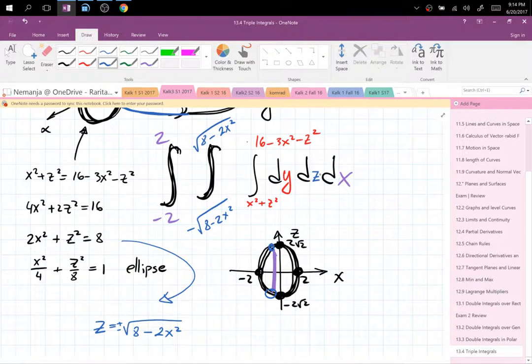That would be a box. But because it's an ellipse, you have from negative 2 to positive 2, and look, this top is not a horizontal function 2 root 2. It's this arch, which is from the ellipse, and that arch is given by this equation. And the bottom is the negative arch, so that's why it's those two.